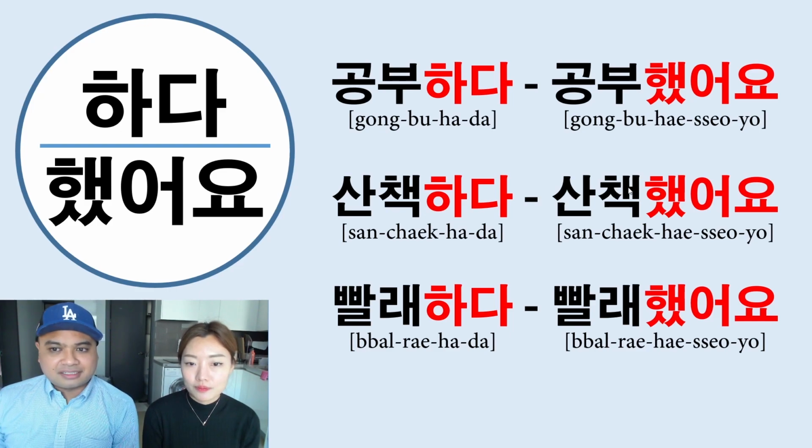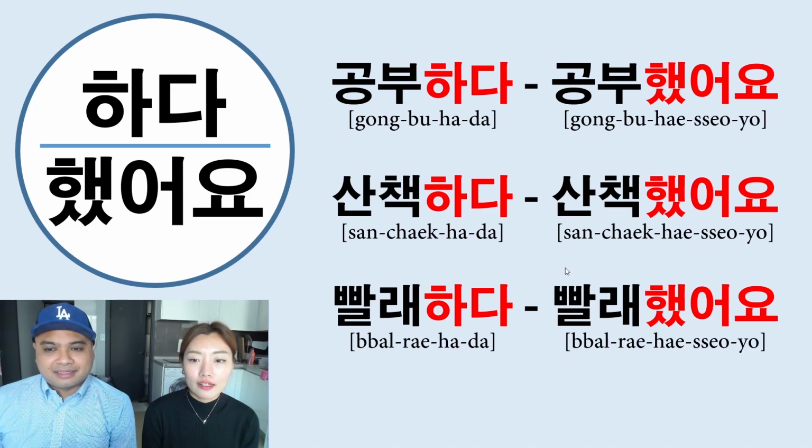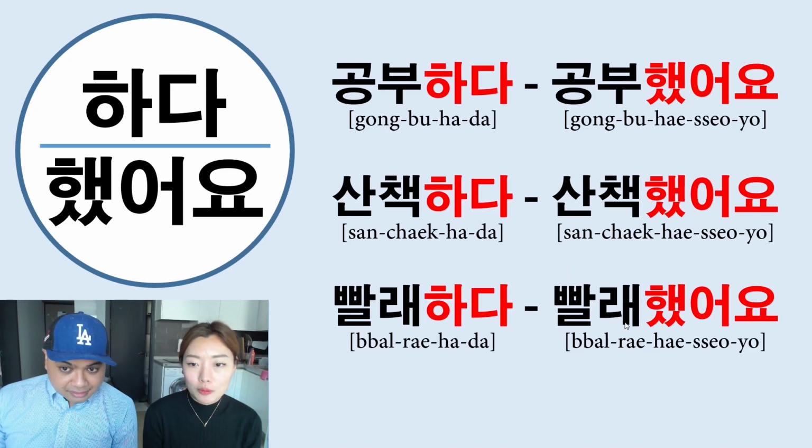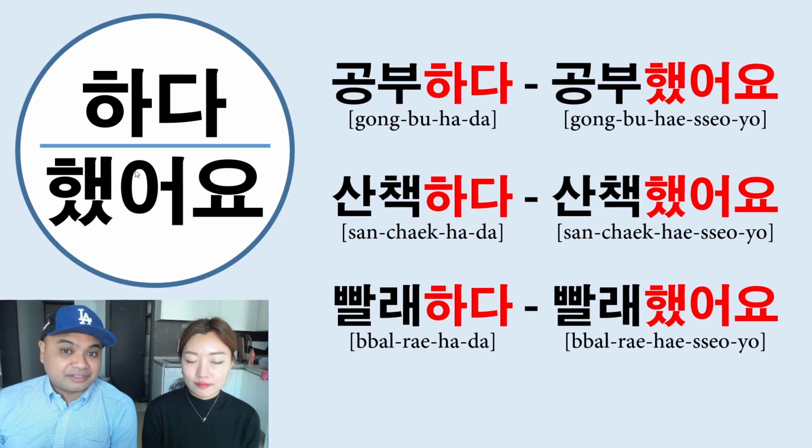Past tense, right? 빨래하다 is to do laundry. And to say it in the past tense, it's 빨래했어요, right? That's all it is. 하다 is super easy. Just change it to 했어요, right?